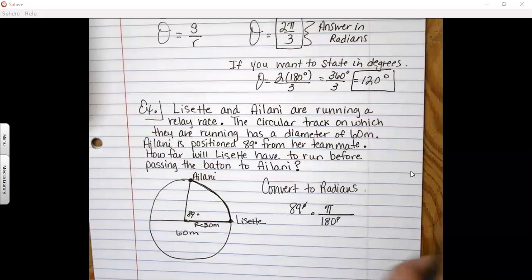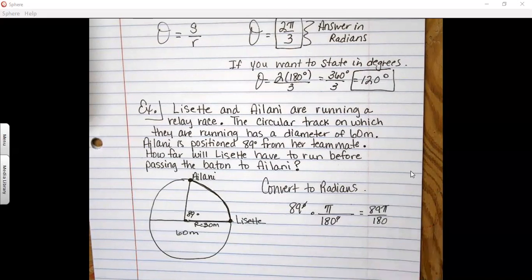Okay, so now we're going to take that and plug it into our equation. Theta equals the arc divided by the radius. My theta is 89 pi over 180.